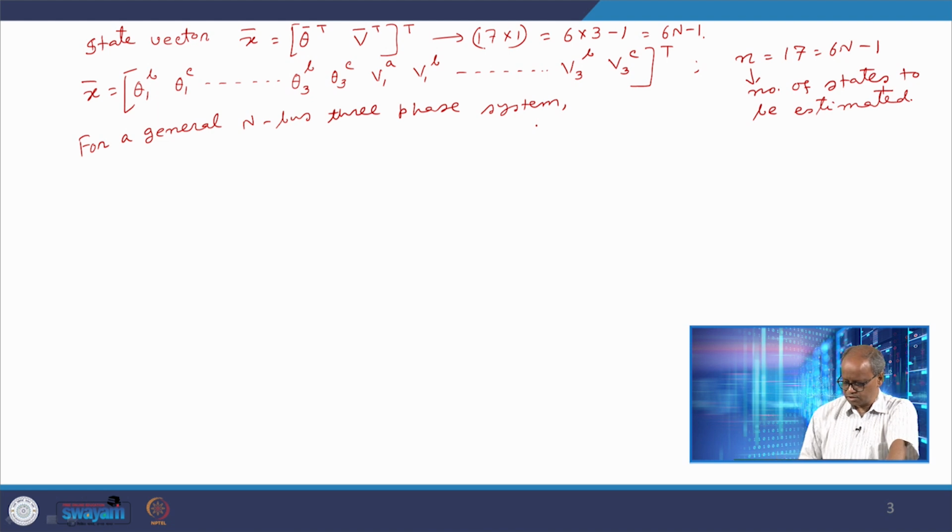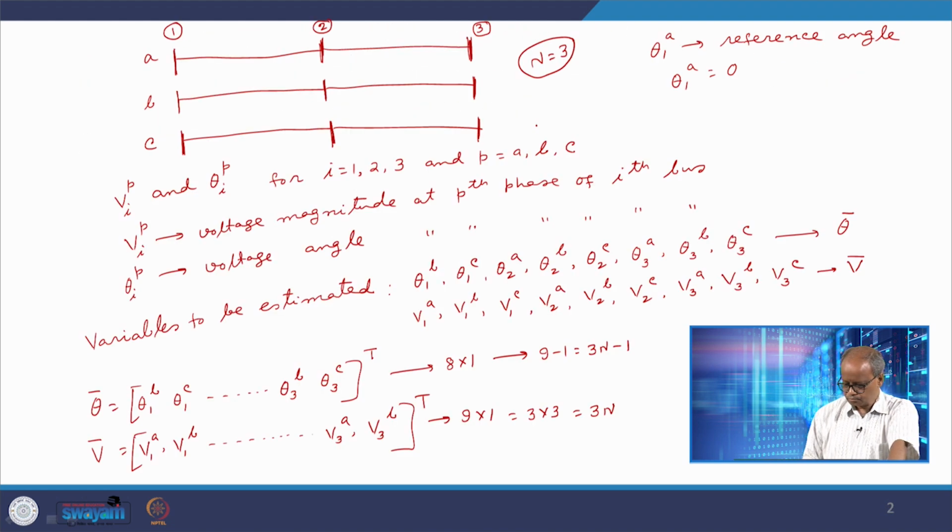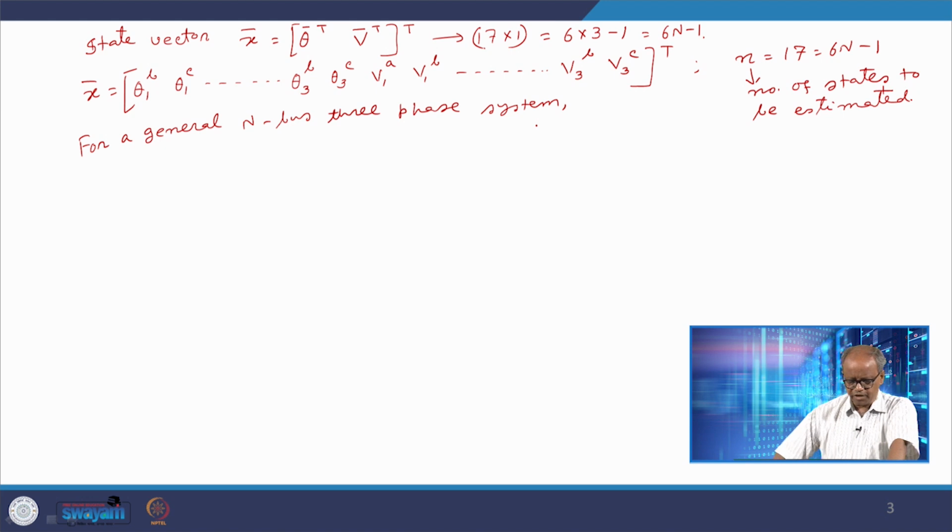For a general n bus 3 phase system, my theta vector would be, assuming that theta 1A is taken to be the reference: theta 1B, theta 1C, dot dot dot, theta nB, theta nC, transpose.